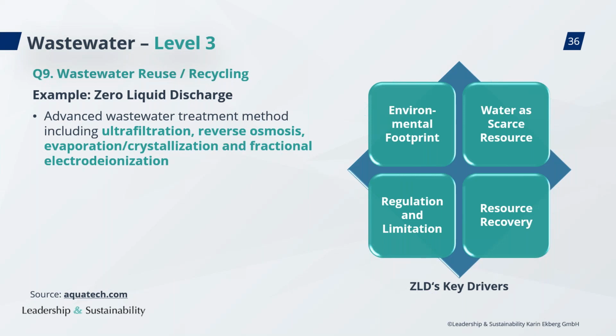So usually you have the ultrafiltration, where you have a filtration of the larger particles, and then you have the reverse osmosis, where the separation takes place of all the salts. They are held back, and the purified water goes through the membrane in the reverse osmosis process. And then you will have clean water that you can feed back into your factory again. And the brine that you have from the reverse osmosis is then evaporated and crystallized.